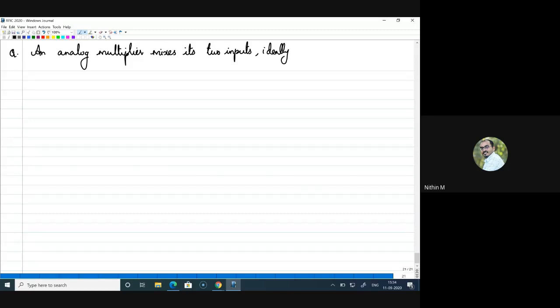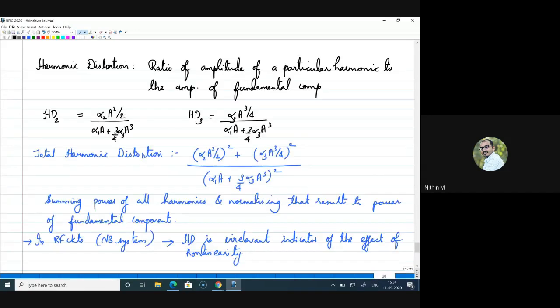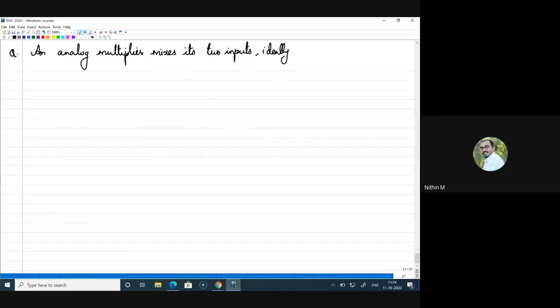The reason is, as I mentioned, when it's a narrowband system, that depends strictly on the bandwidth of the system. Say for example, you have designed a narrowband amplifier around 2.4 gigahertz, and the bandwidth the amplifier can take is only 100 megahertz. This is not a very practical example, but still I'm telling.